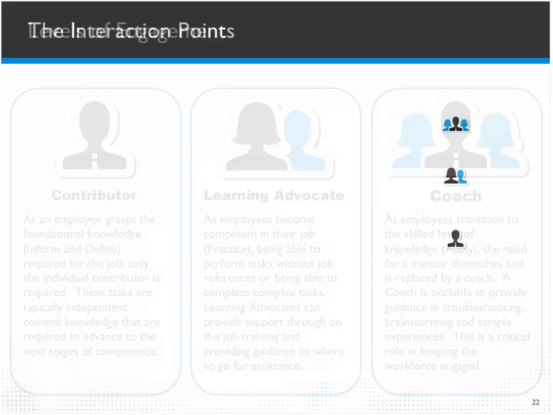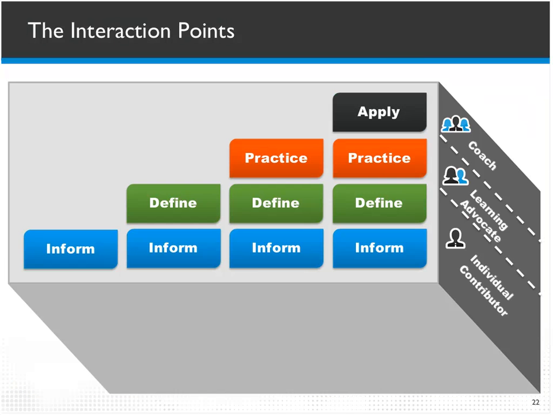So as we start to think through that, we can start to map out where we want these intersections to be. The individual contributor is going to be, again, at that inform and define phase. The learner advocate is going to be at the practice. The coach is going to be at the apply. If you see how the blocks are building on the screen, sometimes you're going to have content that's just something you inform the learner of. It's nothing more, nothing less, just awareness.